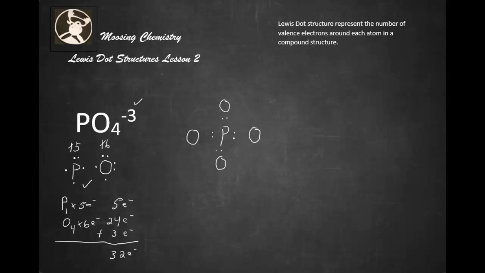Then we have to give all the O's their octets, because all the wraparound atoms have to have an octet. There are some exceptions, of course. So far, so good.